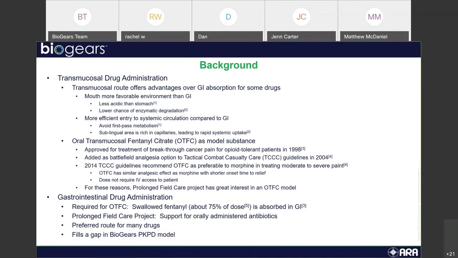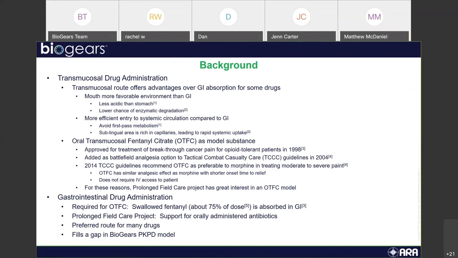And so for these reasons, in our prolonged field care contract, there was great interest in developing this model due to those applications. And a GI model is required to do OTFC actually, because it turns out a lot of the fentanyl is swallowed.